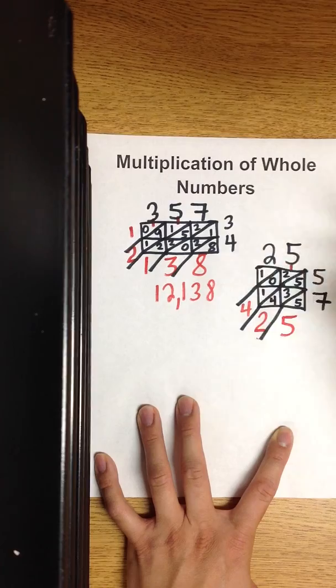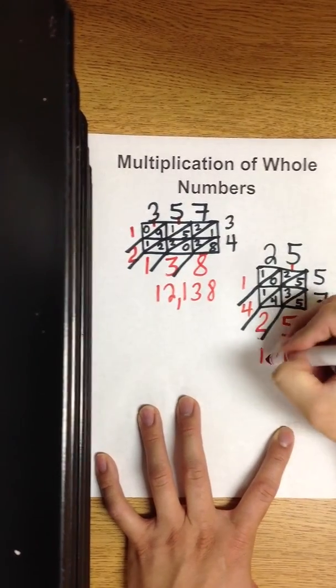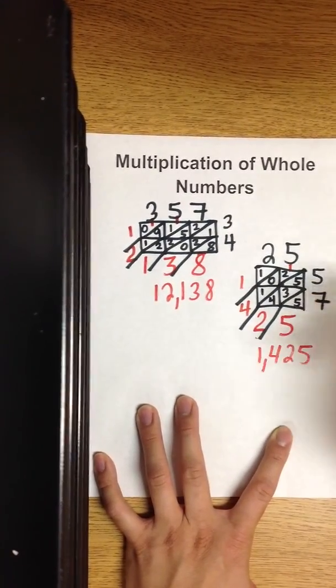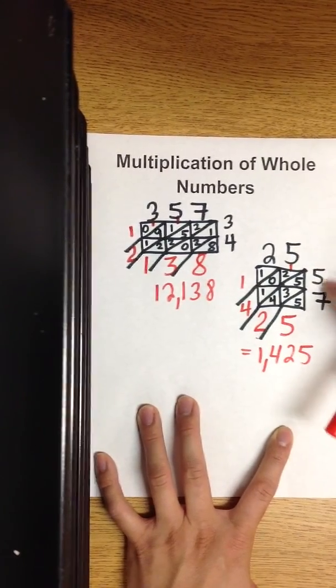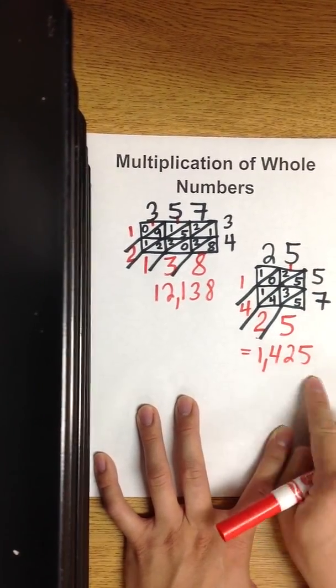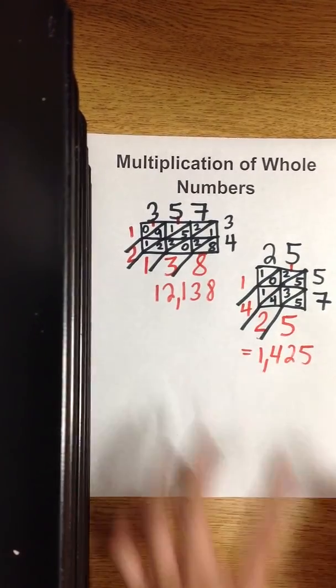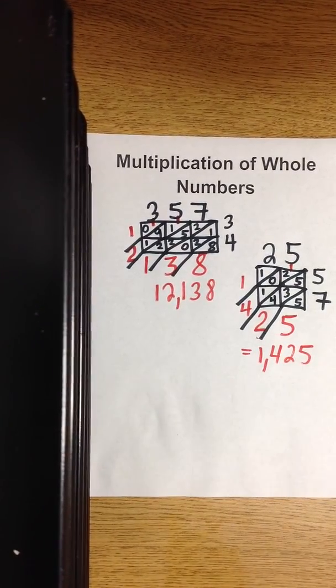And in the thousands place, 1. So if you bought 25 items that cost $57 each, you spent $1,425. That is how you multiply whole numbers.